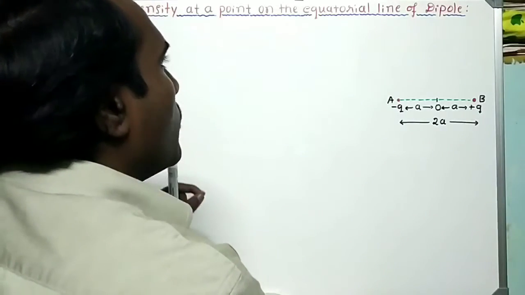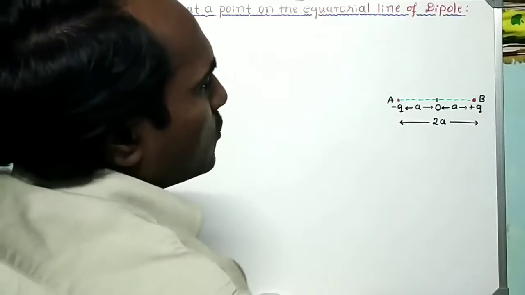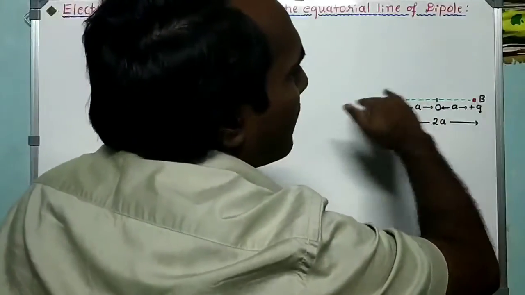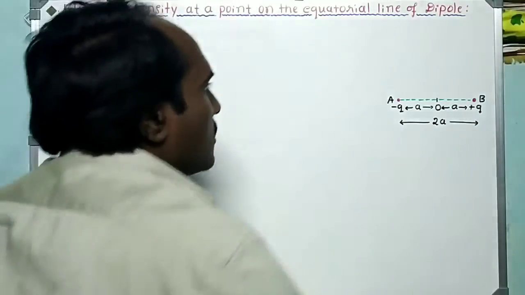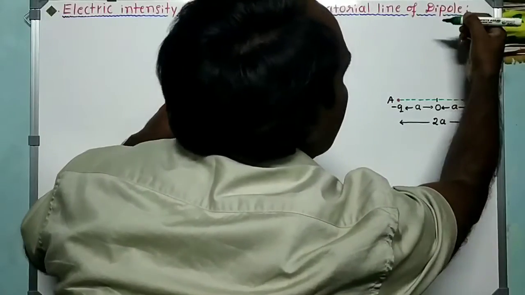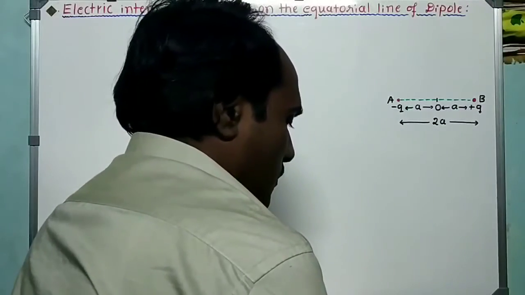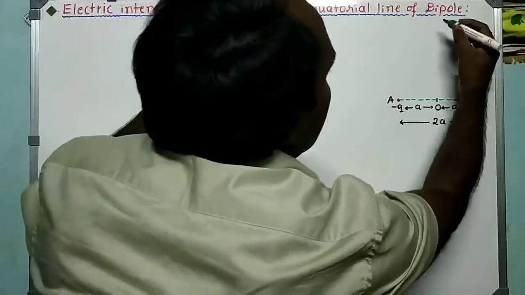Now the point will be considered here on the equatorial line. My dear students, this is our axial line and this is our equatorial line. Now let us draw the equatorial line.